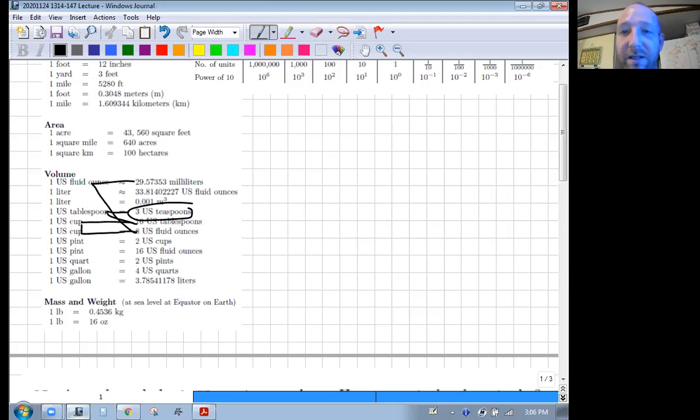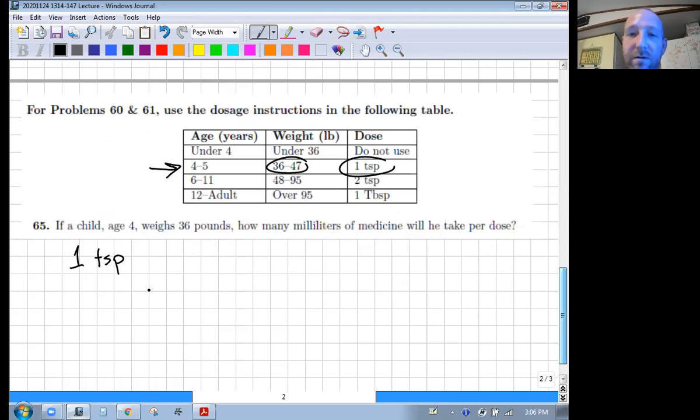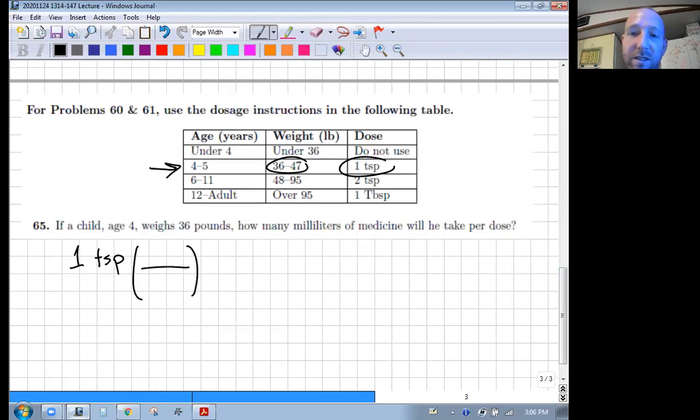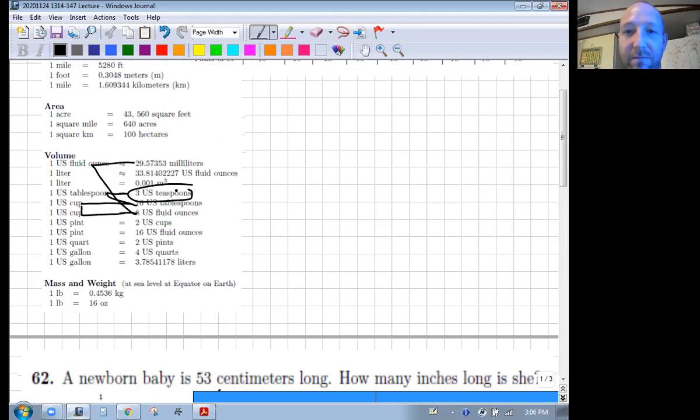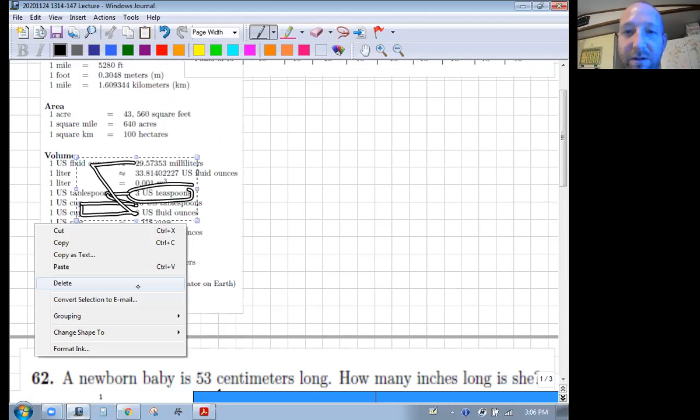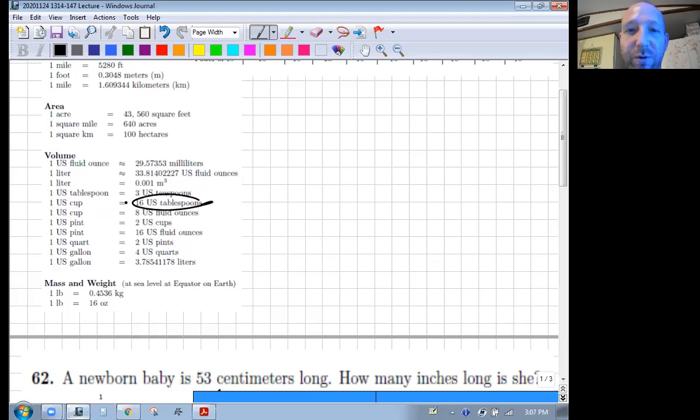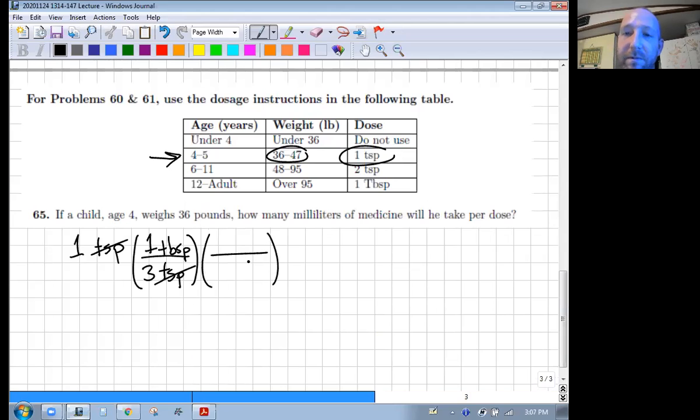All right, let's work on this. Let's see. 3 teaspoons make a tablespoon. So now we got tablespoons. 16 tablespoons make a cup.